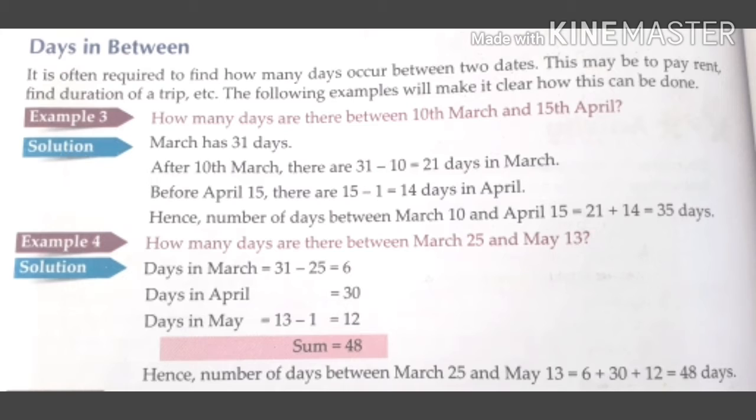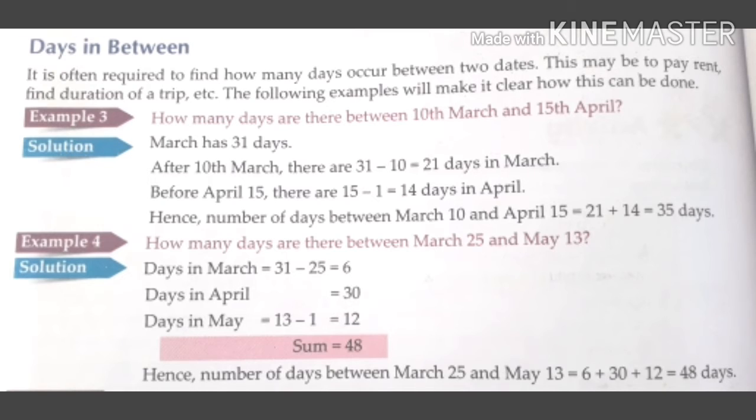For example, how many days are there between 10th March and 15 April? March has 31 days, so 31 minus 10 is 21 days, and for the last date, 15 minus 1 is 14 days. So the total is 21 plus 14, which is 35 days.